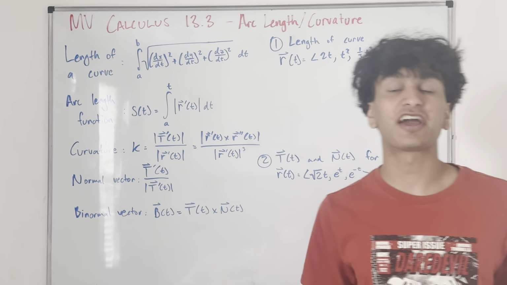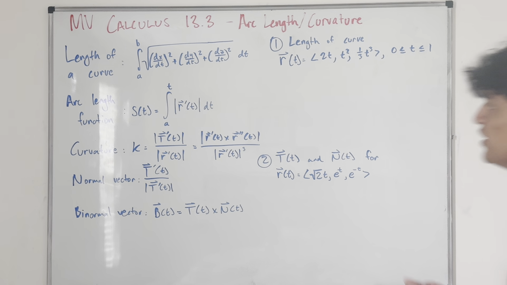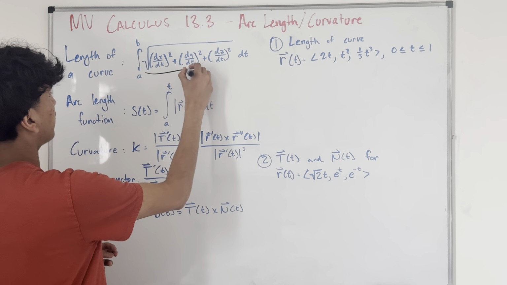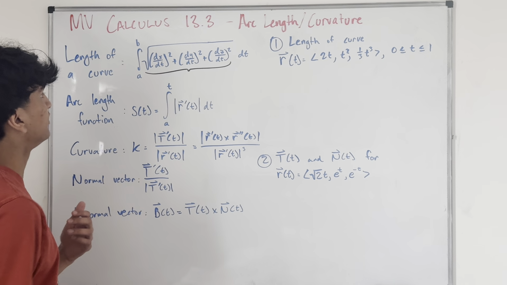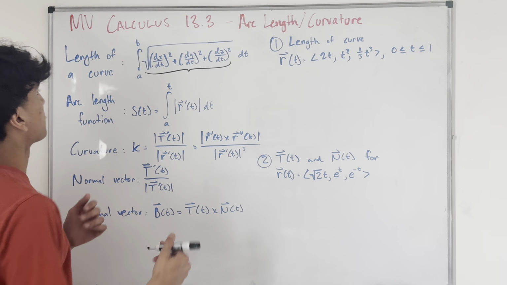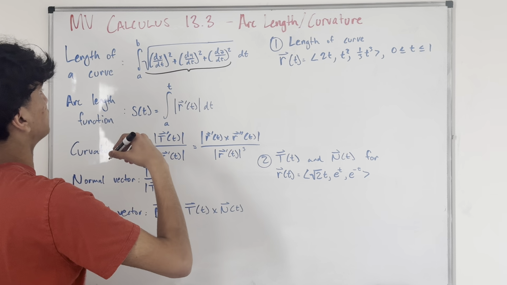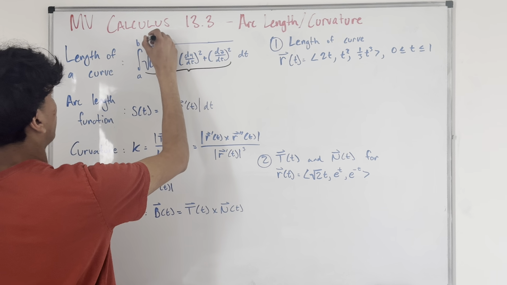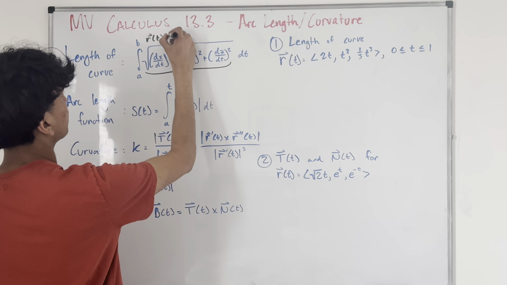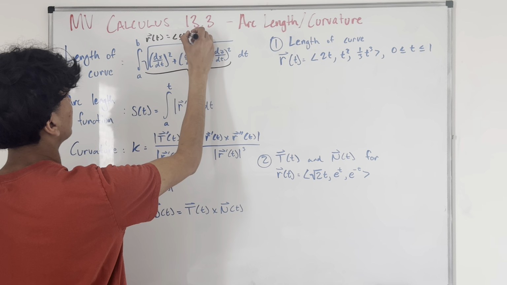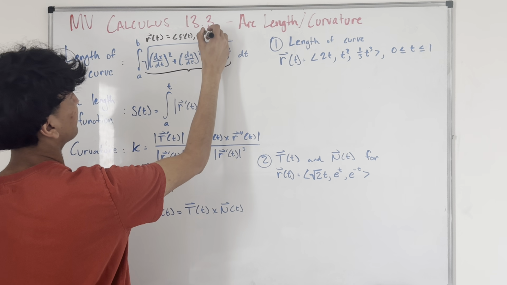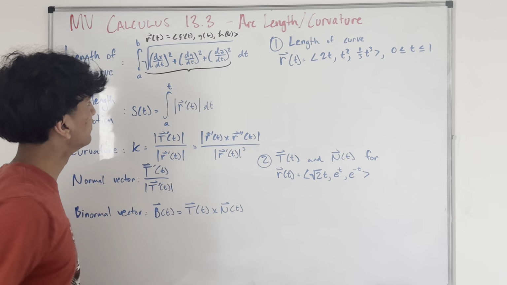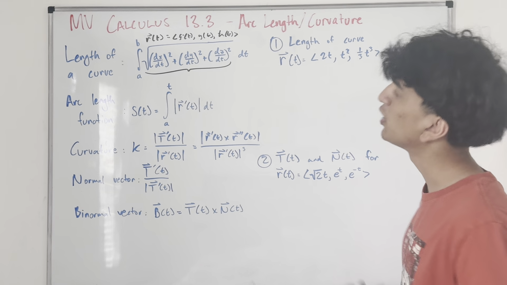And now that we're working with vectors, take this whole little quantity right here. If we had a function like r of t equals f of t, g of t, h of t, then these just end up being the derivatives of those components.